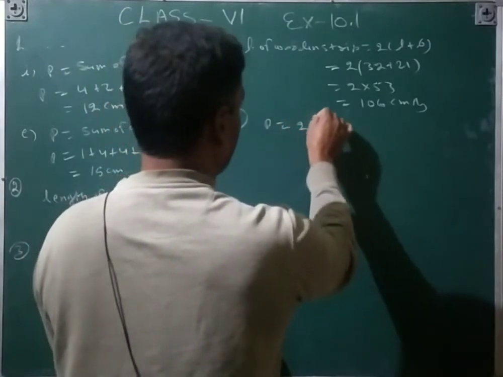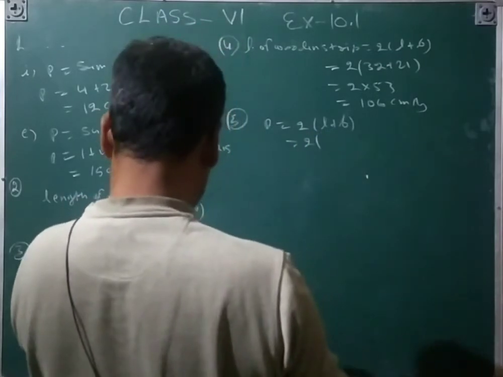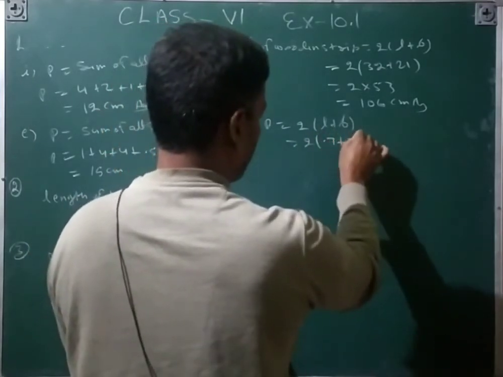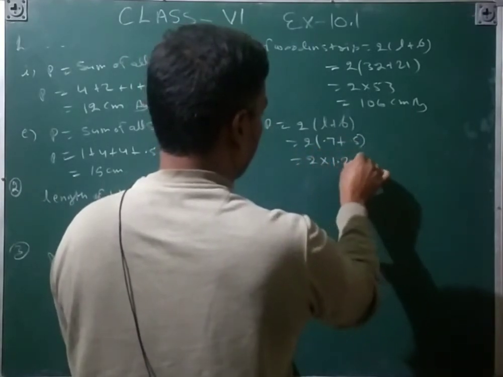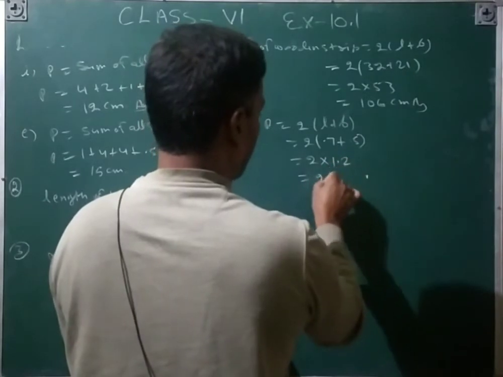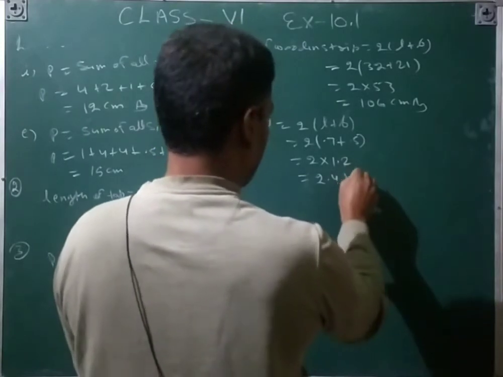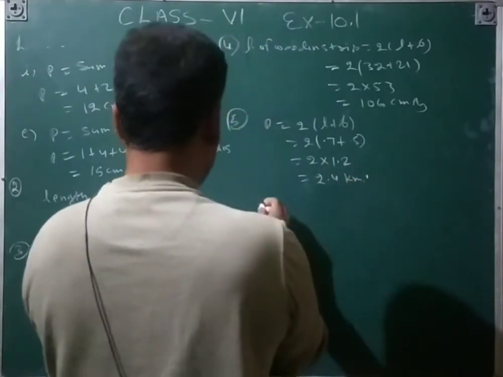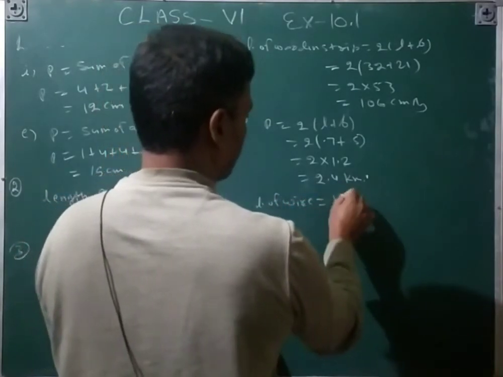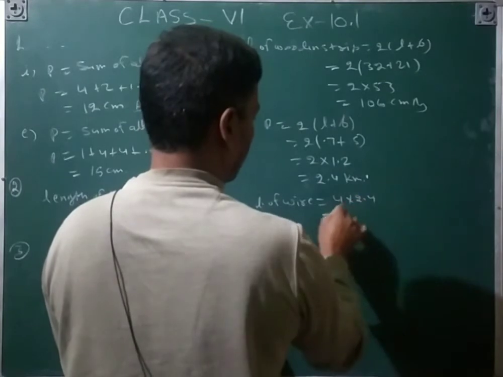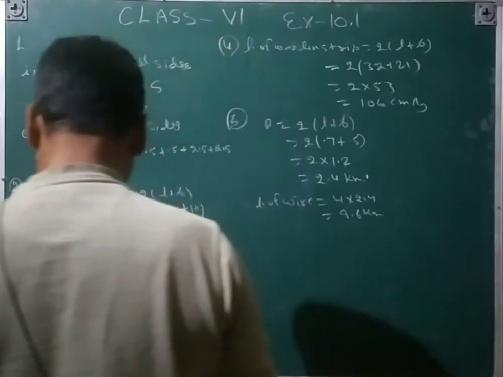Perimeter is equal to 2 bracket L plus B. Given 7.5 plus 4.5, that is 2 into 12, which is 24 kilometer. And then the length of wire is equal to, since we are doing 4 rounds, multiply by 4, 24 times 4 will be 96 kilometer.